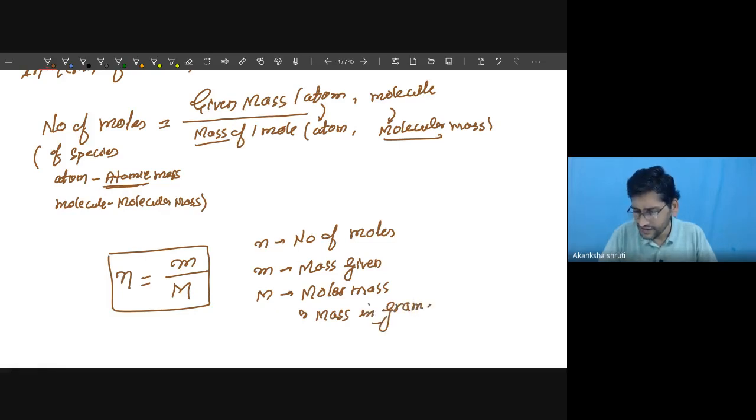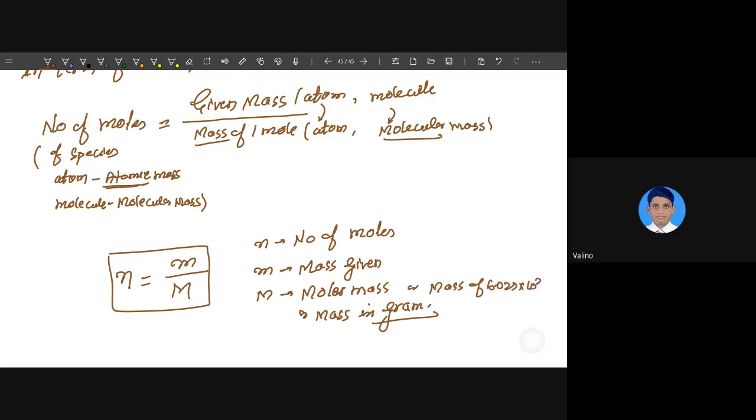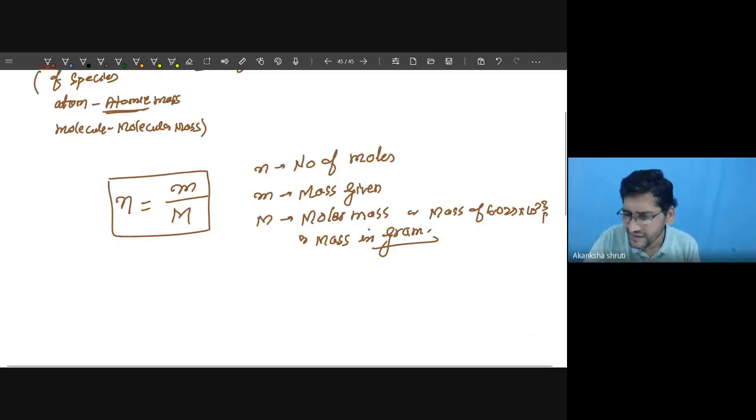Gram, student. Because this molar mass is nothing but the mass of how many particles? 6.022 into 10 to the power 23 particles. So this way the number of moles can be calculated.